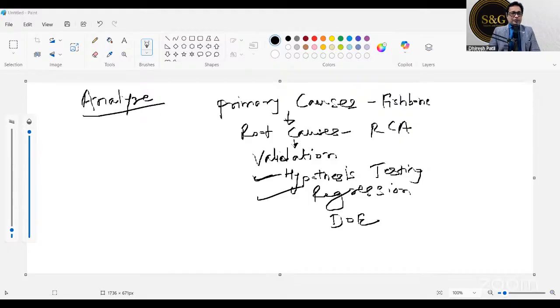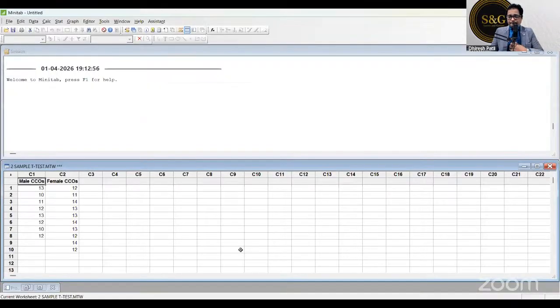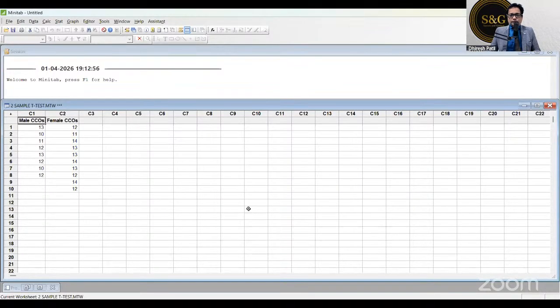When do we use a 2 sample t-test? When you want to compare the averages of 2 samples. It may be because they are coming from 2 different processes, or from 2 different vendors, etc. Okay. Once you open the file, please let me know. Yeah, open.